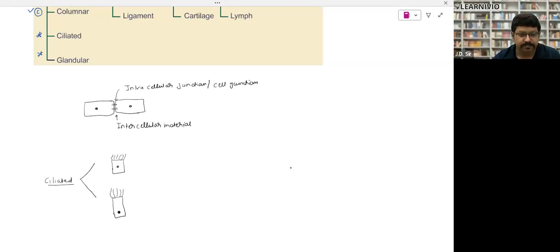Look, Shadika, these both are ciliated tissue, right? This is cuboidal ciliated tissue. Got it? Basically, this was a cuboidal tissue. It has developed cilia.